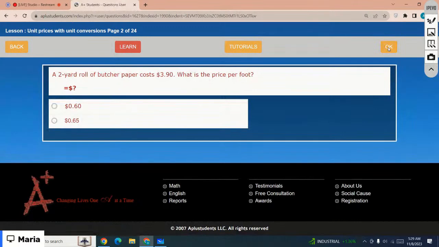Yes, you're right. Okay, the 2-yard roll of butcher paper costs $3.90. What is the price per foot? So you have to convert from yard to foot first, right?